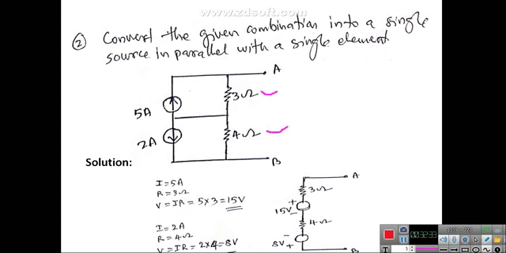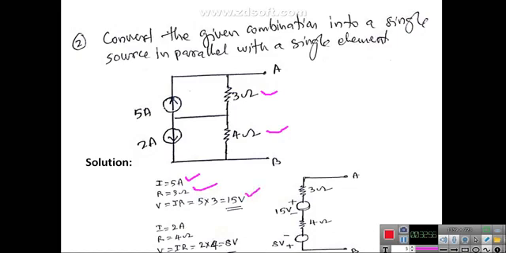In order to convert this current source parallel with the resistance into a voltage source in series with the resistance, what to do? You have to make use of Ohm's law. Current is 5 ampere, resistance is 3 ohm. So V is equal to I into R, so 5 into 3, 15 volts.